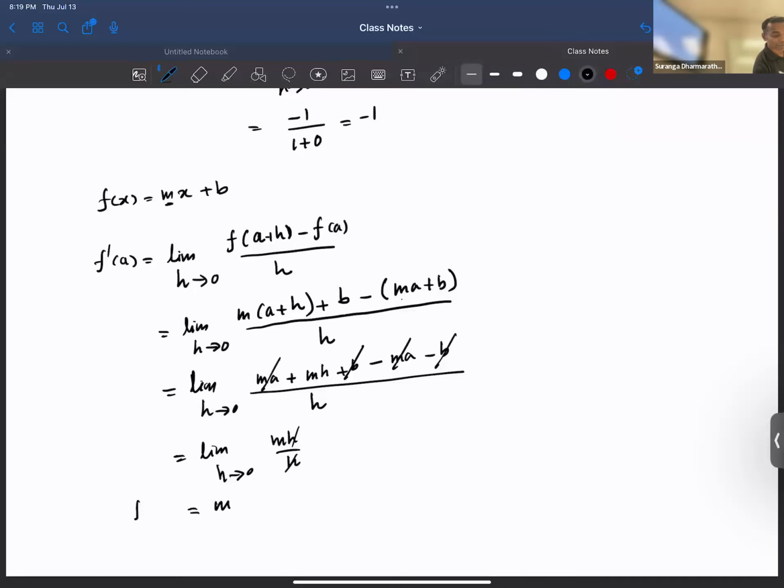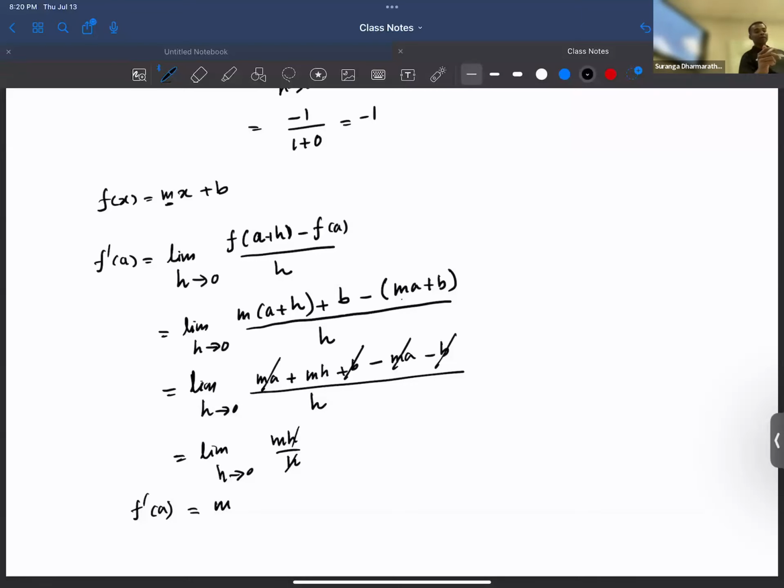So what is the limit? What is f prime of a? Is equal to m, right? So what does this tell us? At any point of x, the derivative of a linear function at any point is equal to m, slope, right?